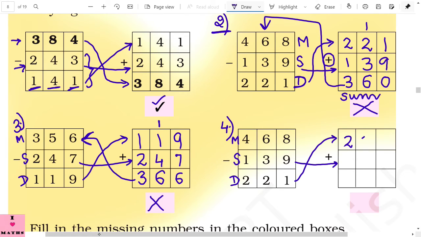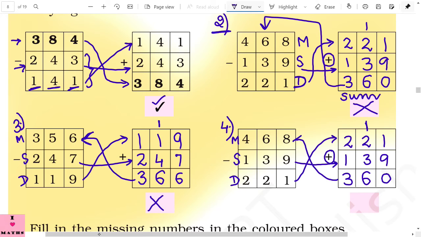Okay, let me write 221, 139, and now I am going to add. 9 plus 1 is 10, 0, 1 carry over. 3 plus 2, 5 and 1, 6. 2 and 1 is 3.